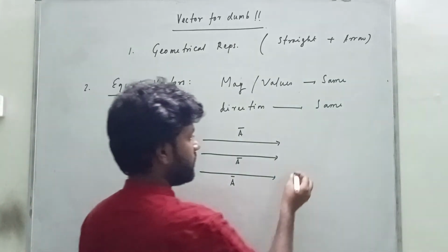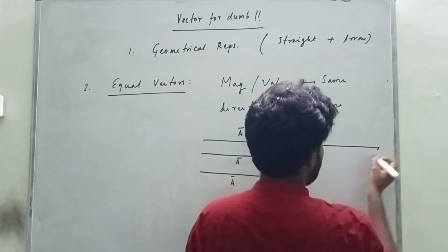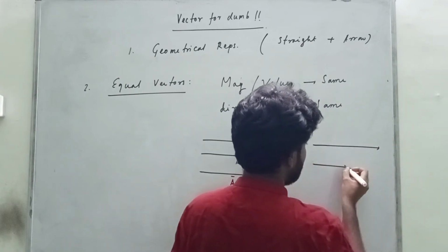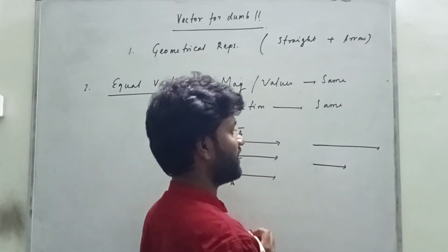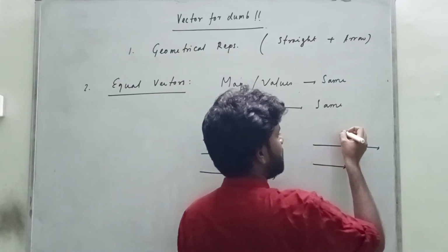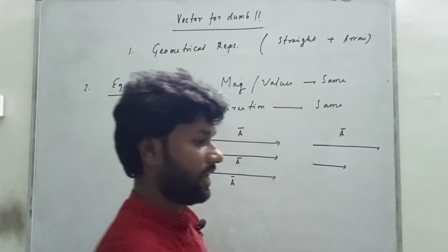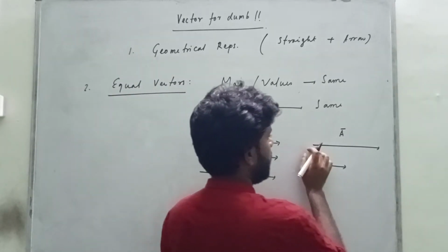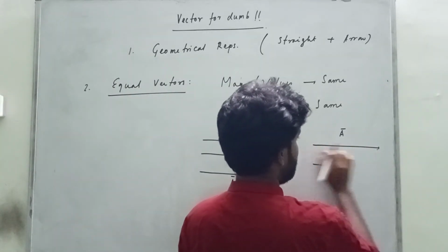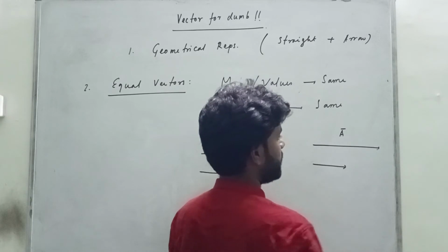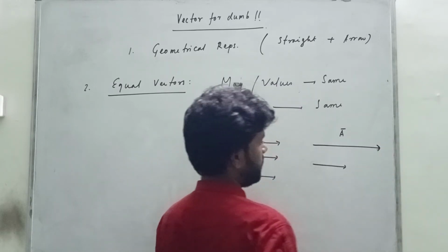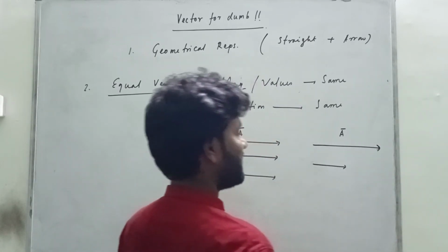Okay, but these vectors and these vectors are not the same thing, right? If you call it A, then you can't call it A, because these two vectors have the same directions, but the length is not the same.